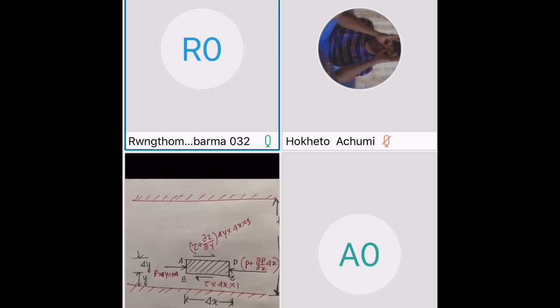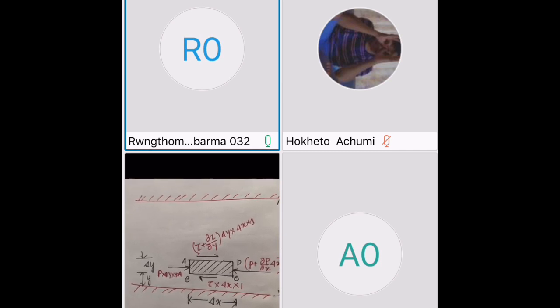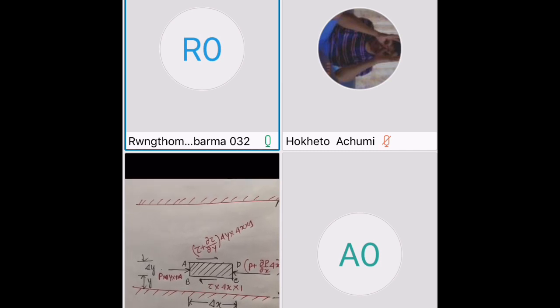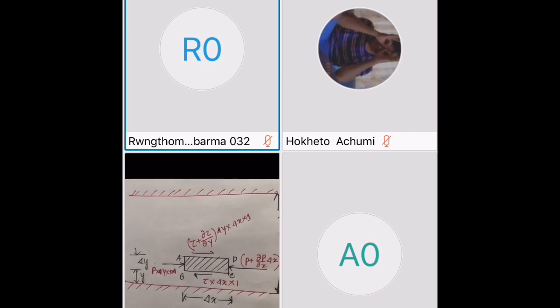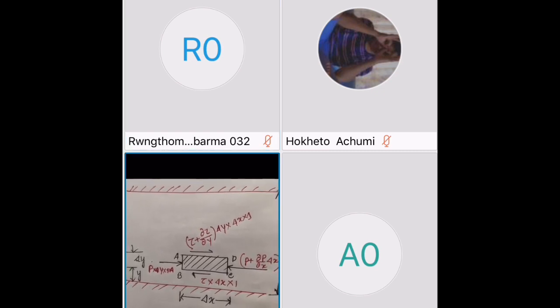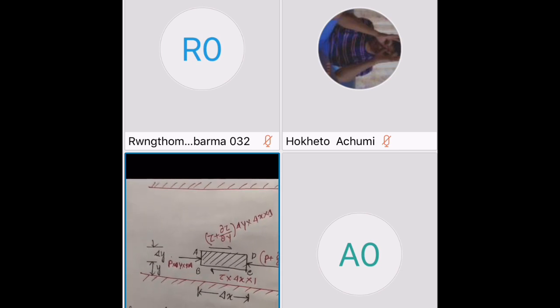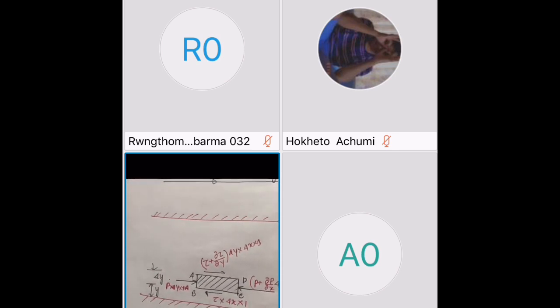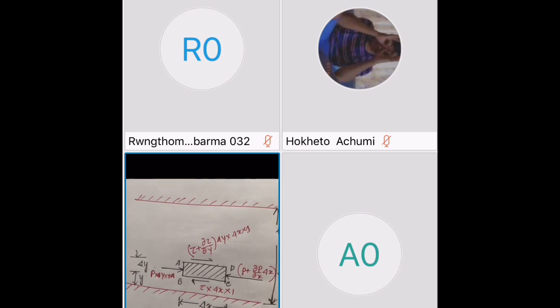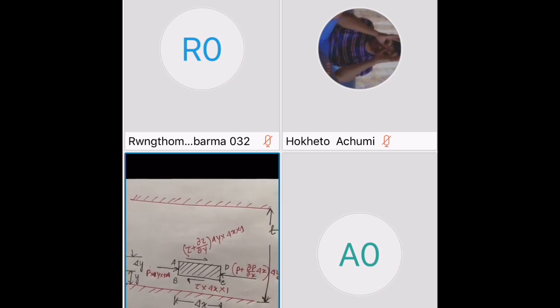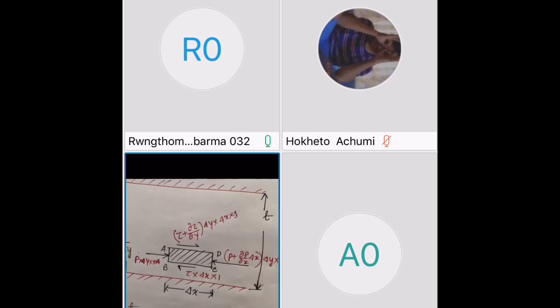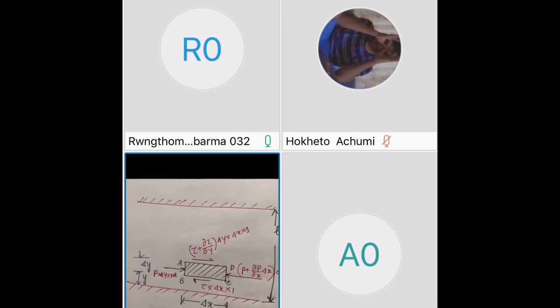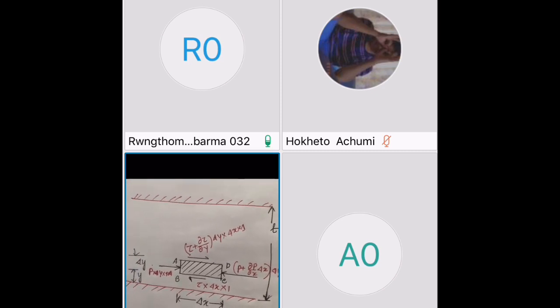Why is it negative? Because the pressure is acting in the opposite direction, okay. Plus minus tau into del x into 1, this is also acting against the flow, against the resistance of the fluid particle, okay. So this term will also be negative, plus tau plus del tau by del y into del y whole into del x into 1, which is equal to 0.